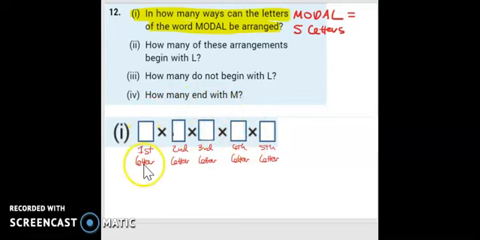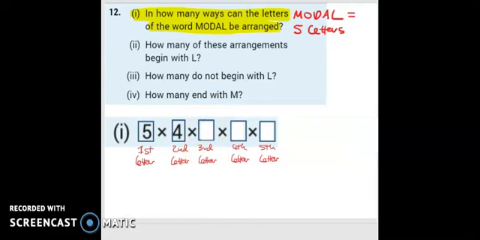So we start off with 5 letters to choose from for the first letter. Once we've used the first letter, it doesn't matter which one it is, let's say we use the D, then we have 4 letters left to choose from for the second letter. Once we've used 2 letters, for the third letter, we have 5 take away 2, which leaves us with 3 letters to choose from.